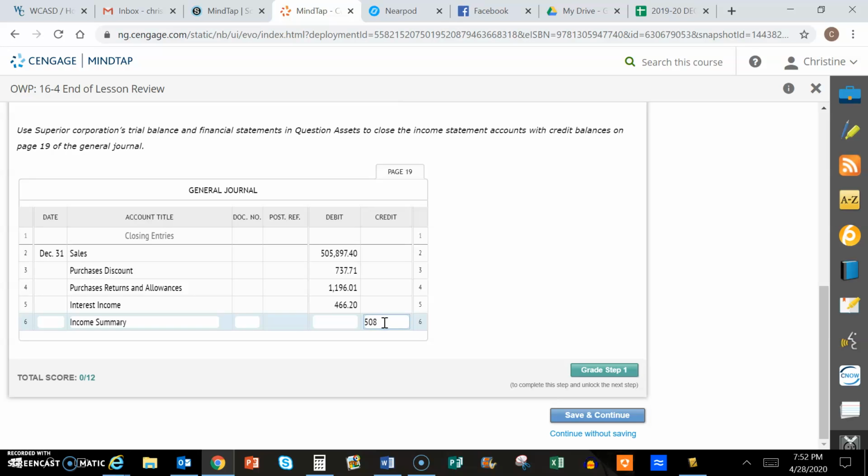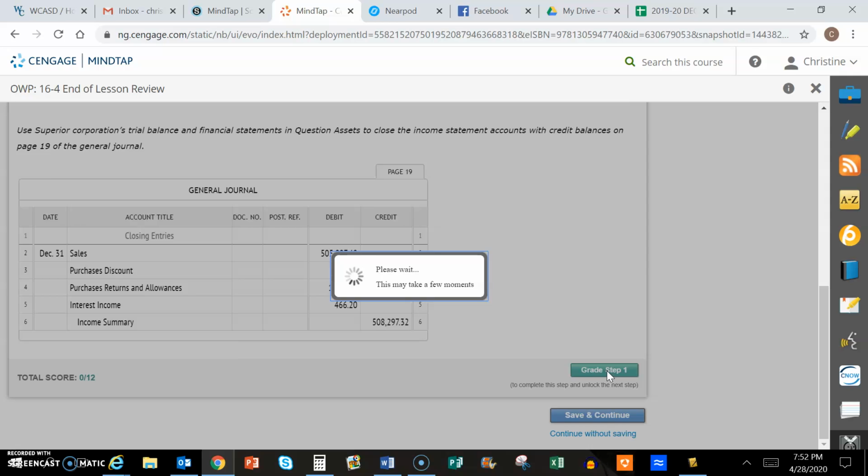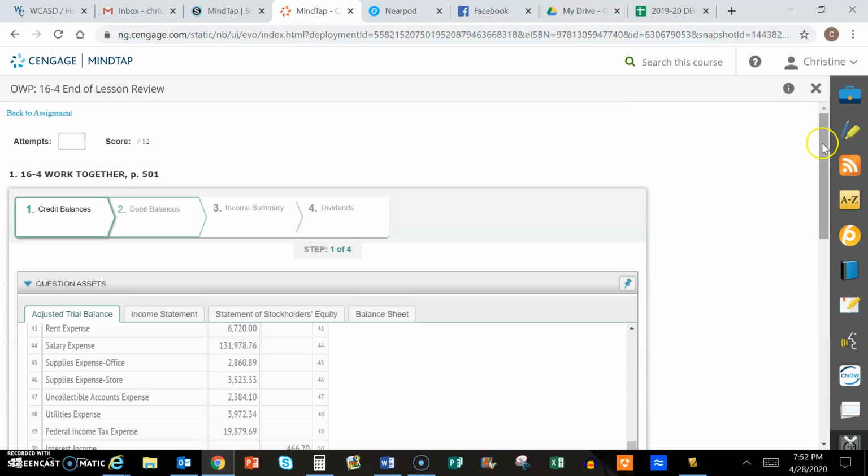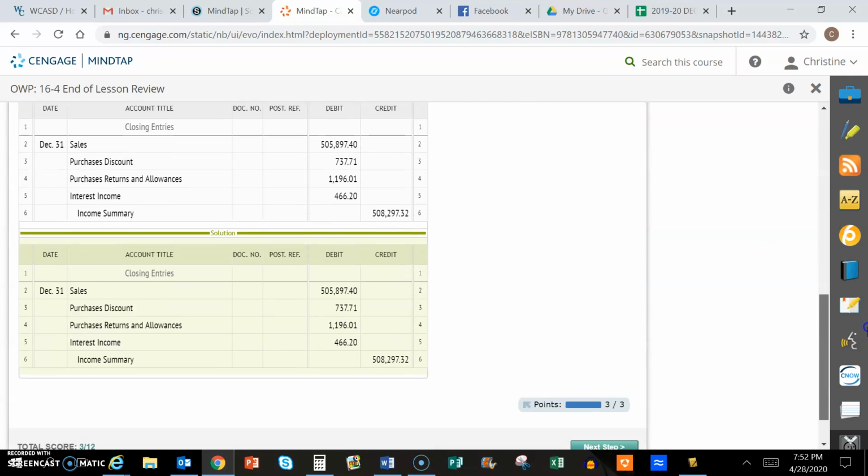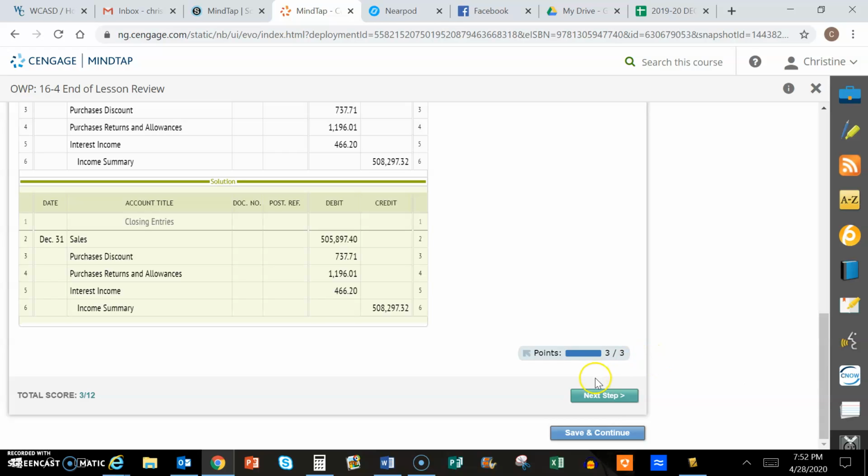So 508,297.32. Okay, so that was step 1. Close anything with a credit balance, and closing, if you recall, means to get the balance to 0. So once we would post these into the appropriate ledger, they would be a 0 balance. Let's go ahead and grade that step. All right, all the math is good. Let's go to the next step.